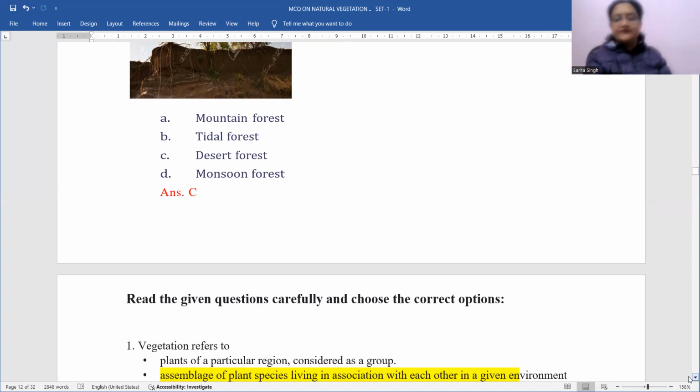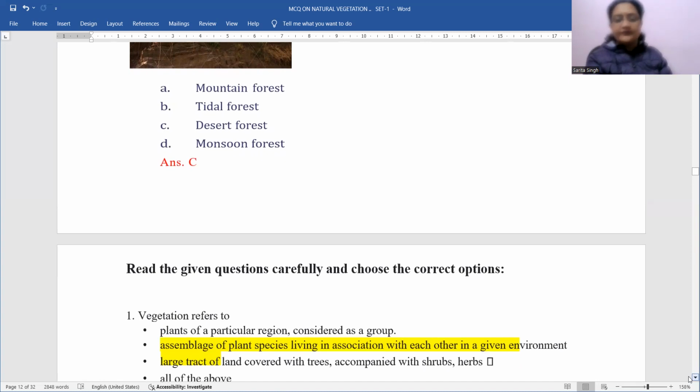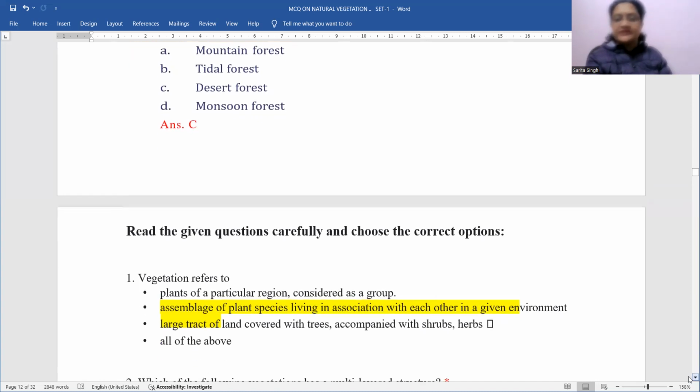Read the given questions carefully and choose the correct options. अब फिर एक और फॉर्मेट में जो है MCQs यहाँ पर मेंशन्ड है. नंबर 1, वेजिटेशन रेफर्स टू, क्या आंसर हो सकता है बच्चों यहाँ पर? प्लांट्स ऑफ अ पर्टिकुलर रीजन कंसीडर्ड एज अ ग्रुप. Number 2, assemblage of plant species living in association with each other in a given environment.